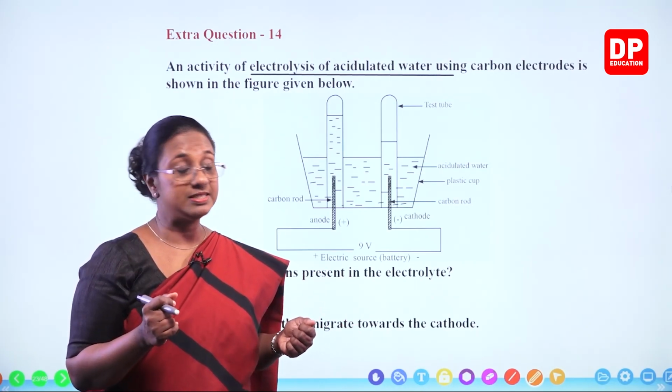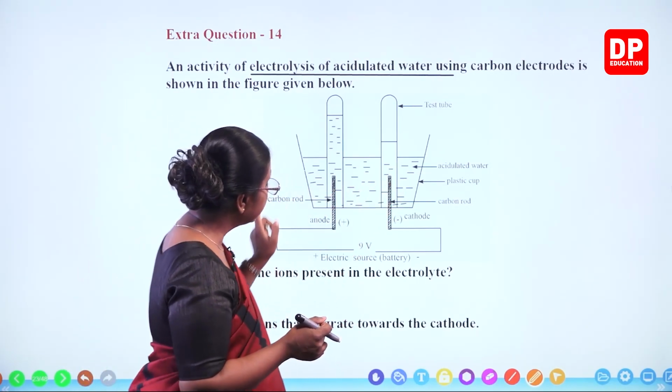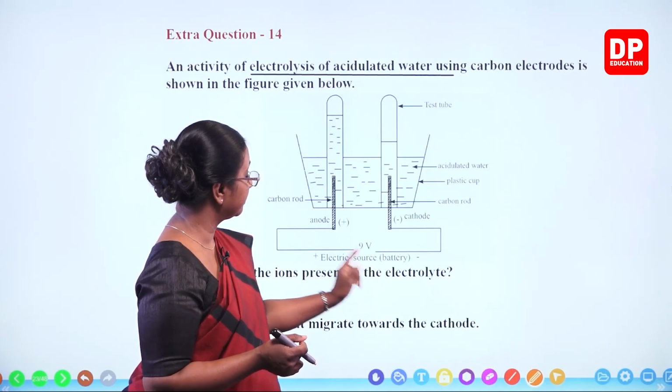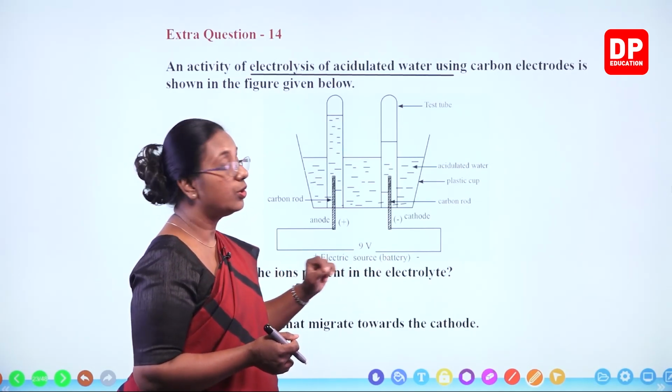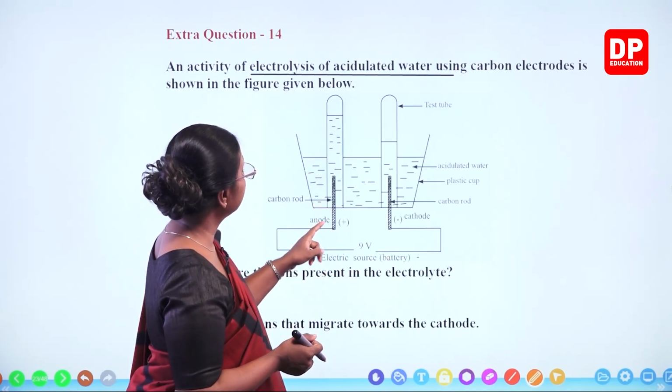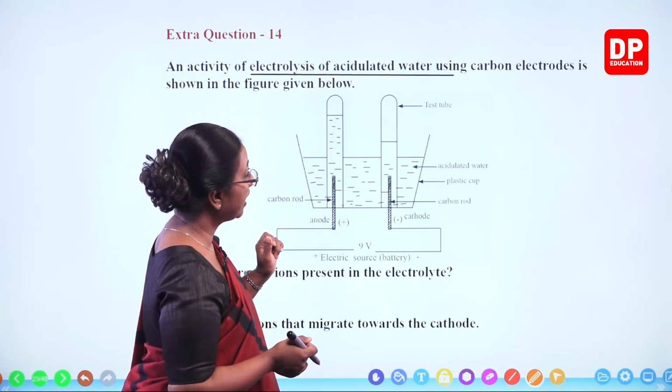Then they are connected to an electric source, that is a 9-volt battery. And then only we take the acidulated water.